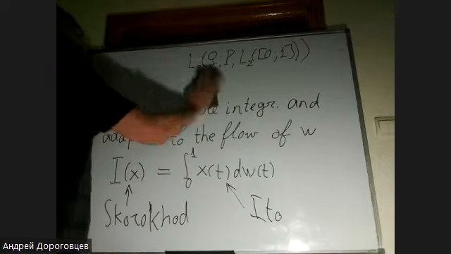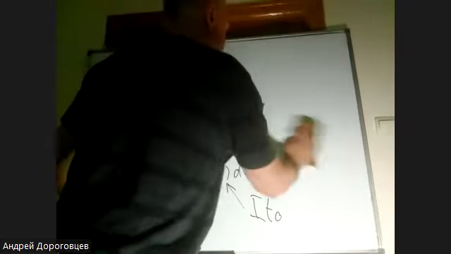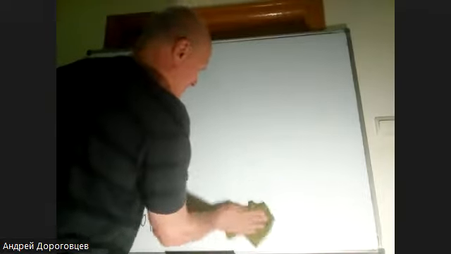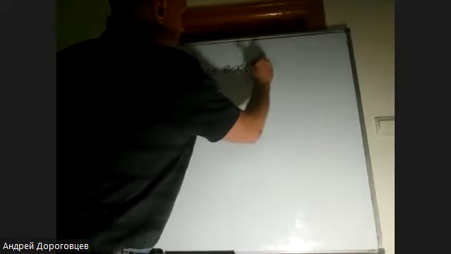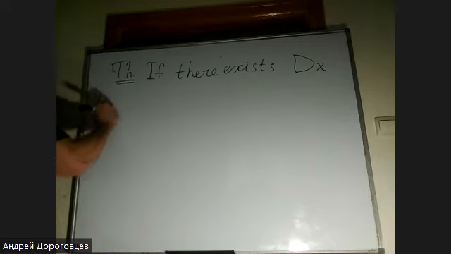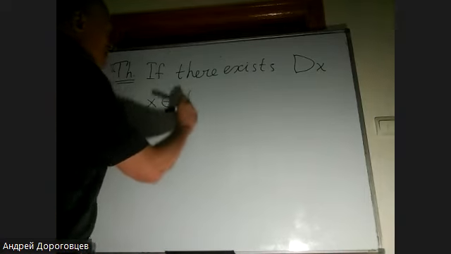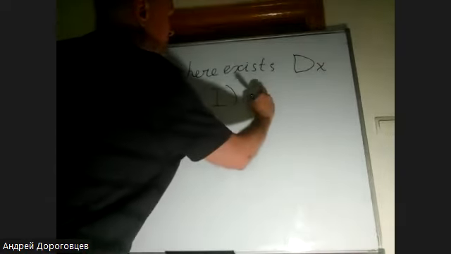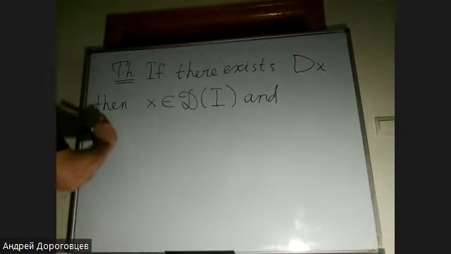Namely, it turns out that if there exists a stochastic derivative of the random function, then this function belongs to the domain of definition of the extended stochastic integral, and we have the following property.